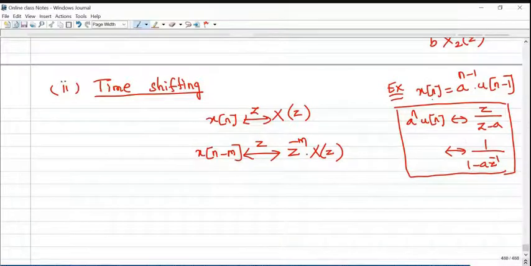Now we have to find the Z transform of a power n minus 1, u of n minus 1. n is shifted by n minus m, here m is 1. Now use the formula: x of Z, your final result will be equal to this value into z power minus 1.